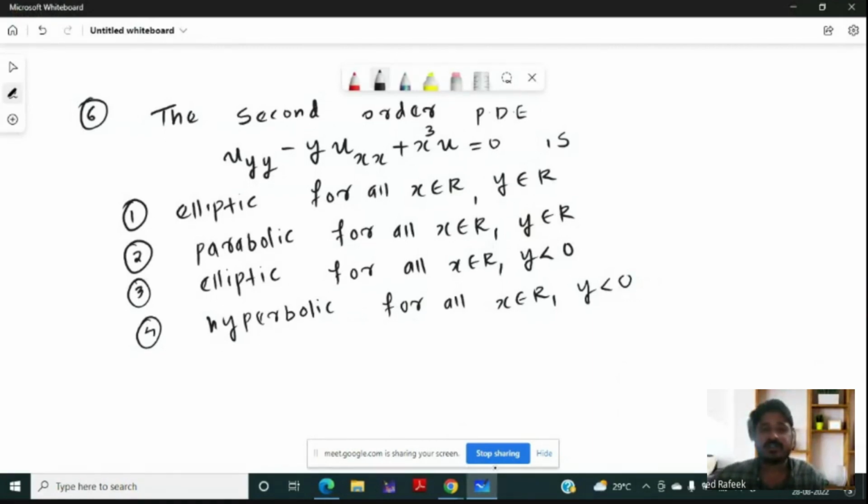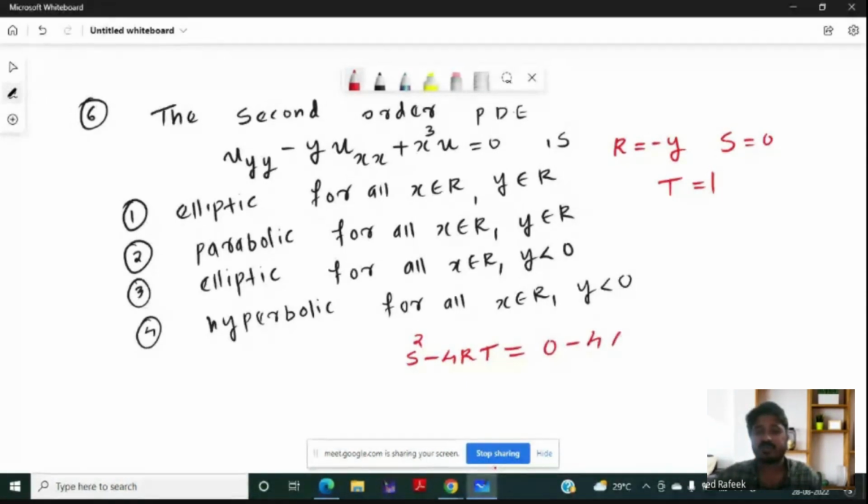Here r is equal to minus y, s is equal to again 0 only, t is equal to again 1. Find s square minus 4rt. That is 0 minus 4 into minus y into 1, that means plus 4y will come. Elliptic means less than 0.